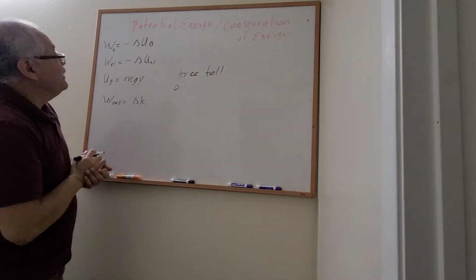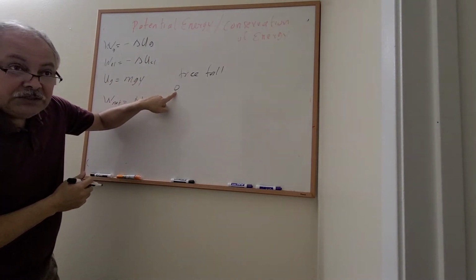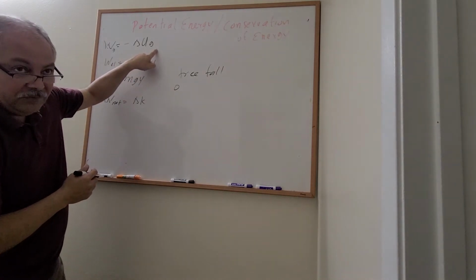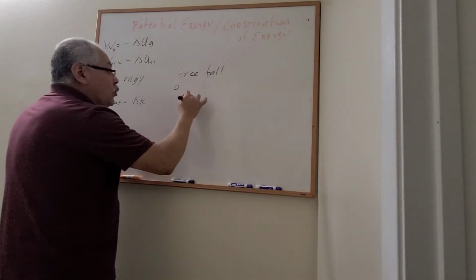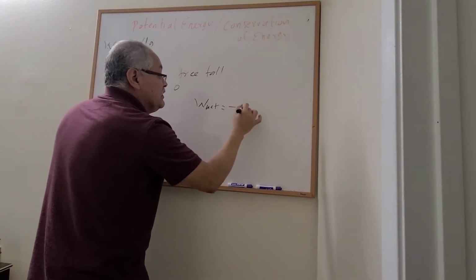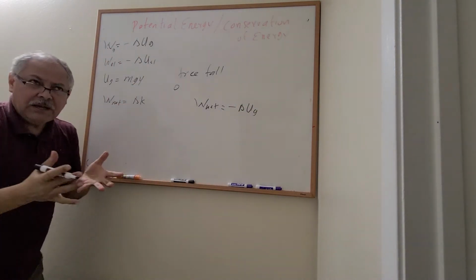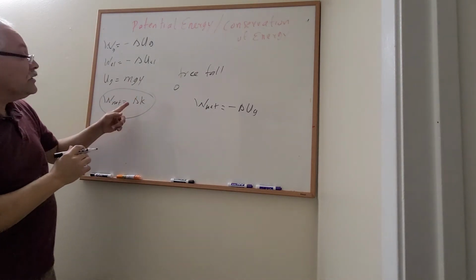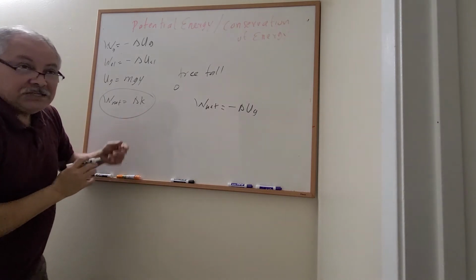what is happening? What is the net force acting on this object? It's going to be the gravitational force. What should be the net work done by gravity? The net work done by gravity is equal to the negative change in the gravitational potential energy. But from the previous section, we found that in general the net work is equal to the change in the kinetic energy.